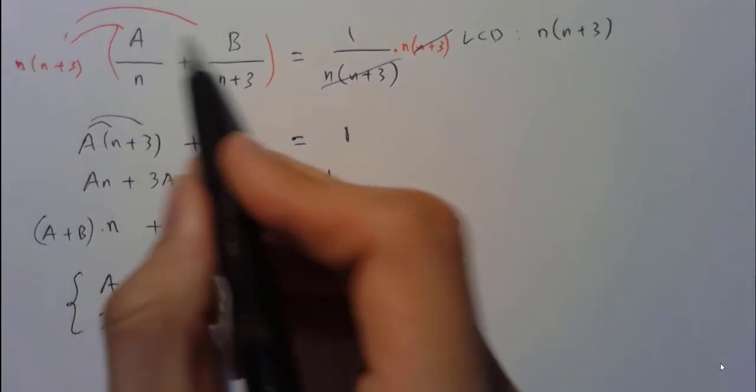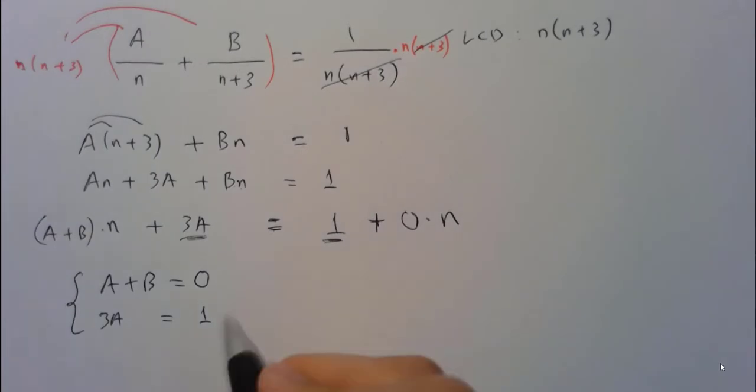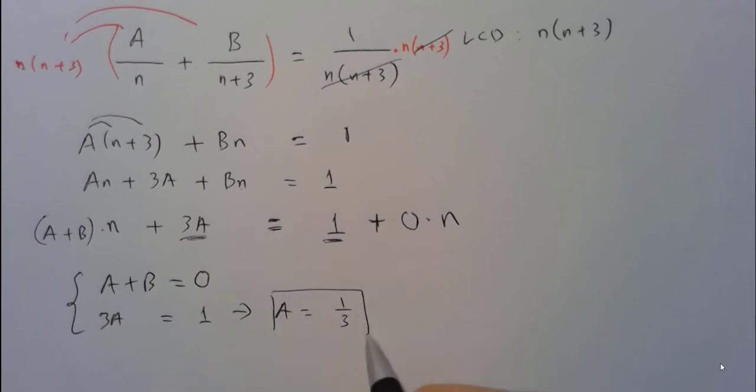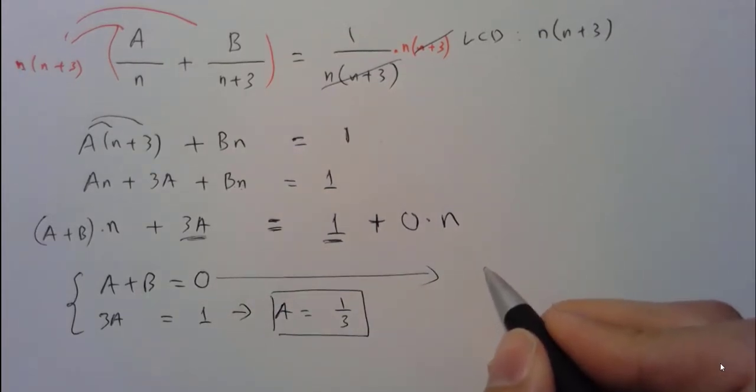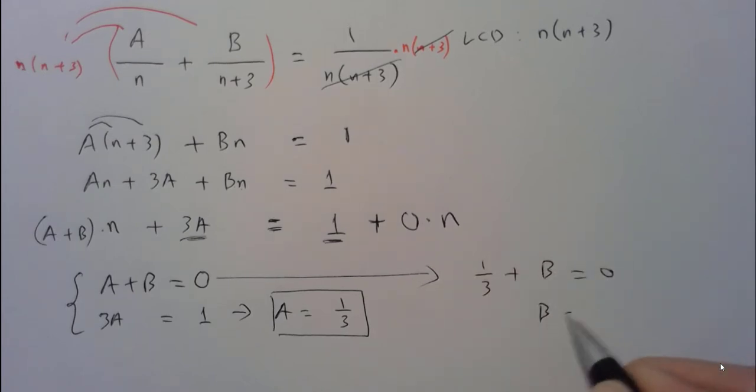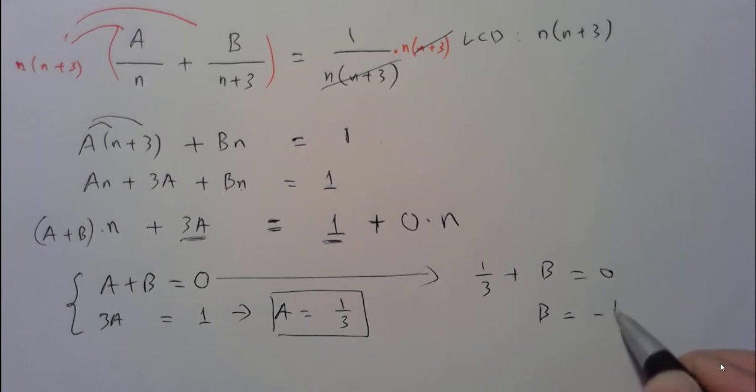Because we need a and b here. So it's easy. You can solve for a, divide by 3 on both sides, right? You get 1 over 3 for a. Once you get a to be 1 over 3, you can use this equation to solve for b. Now a is 1 over 3, a plus b equals 0, so subtract 1/3 on both sides, b equals minus 1 over 3.